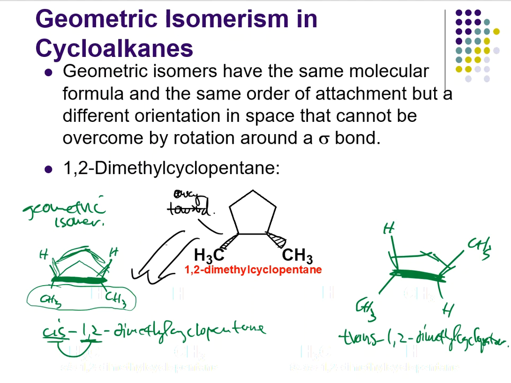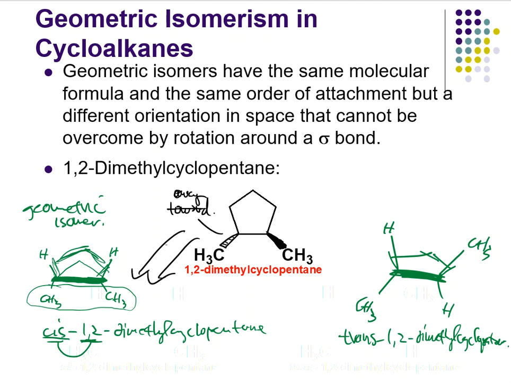All right, so finally, we can take these bonds, and I could maybe do one of them as a dashed wedge, and I can do the other one of them as a solid wedge. And this is a notation that we use when they are in opposite directions.